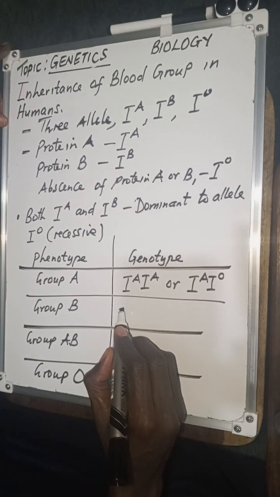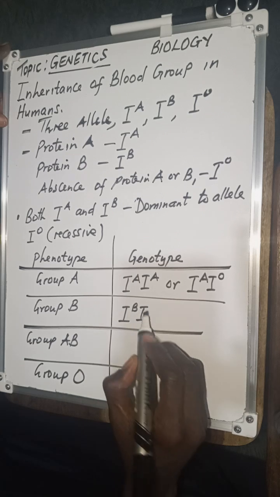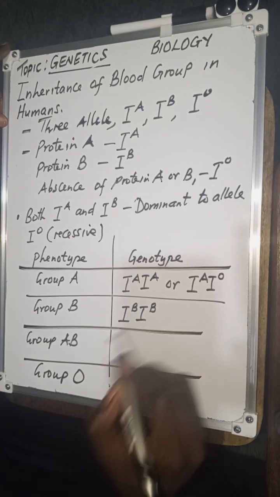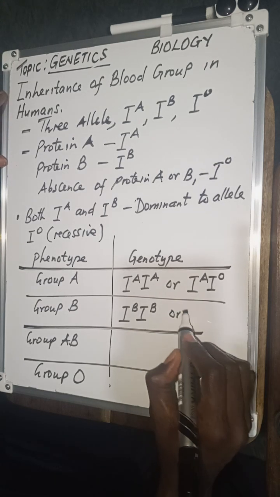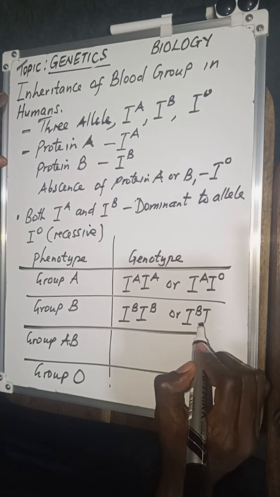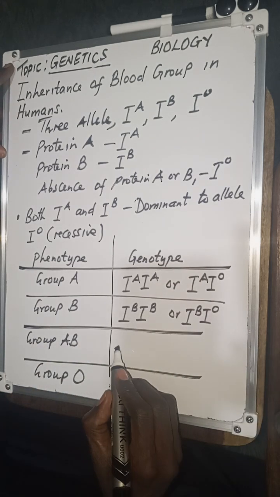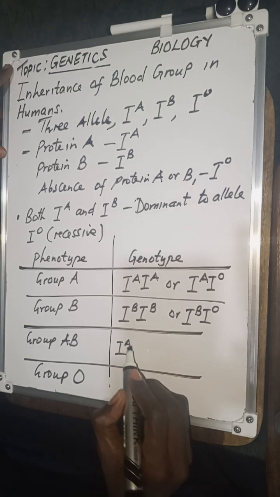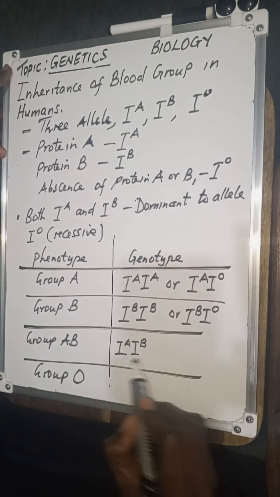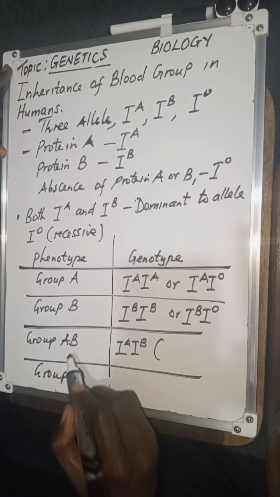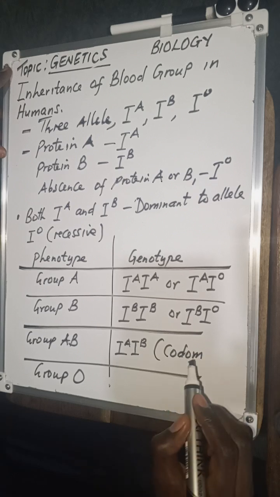If a person is in blood group B, they can either be homozygous dominant, or they can simply be heterozygous for blood group B. If a person is in blood group AB, then it simply means it's a combination of allele A and allele B. Now remember, such alleles that are equally expressed, we simply call them codominant alleles.